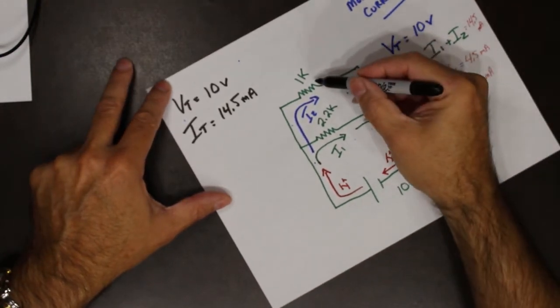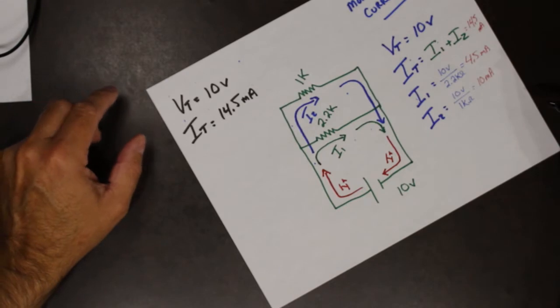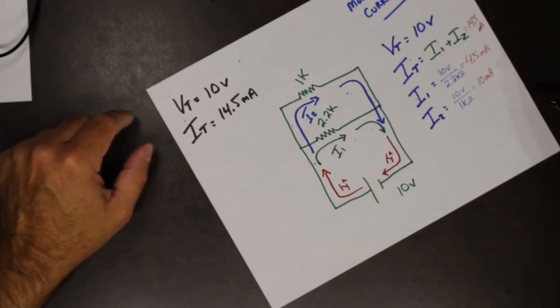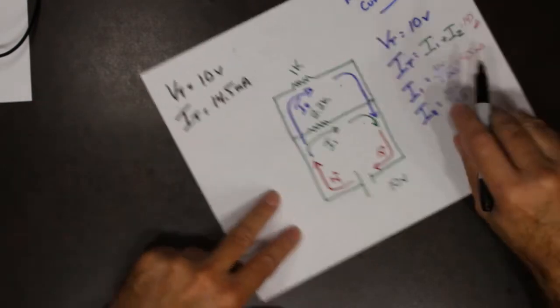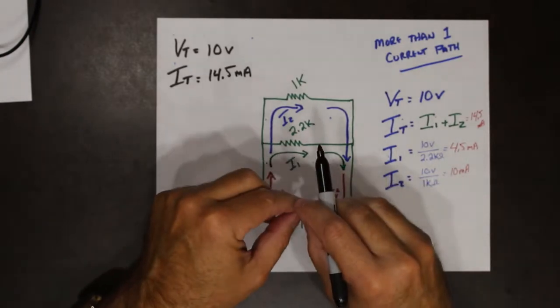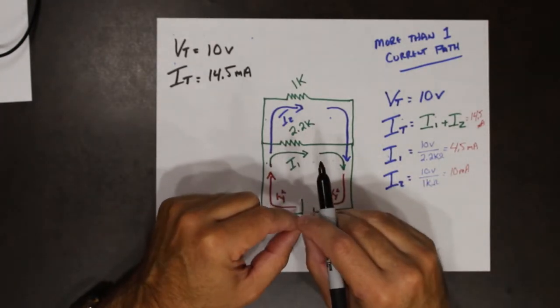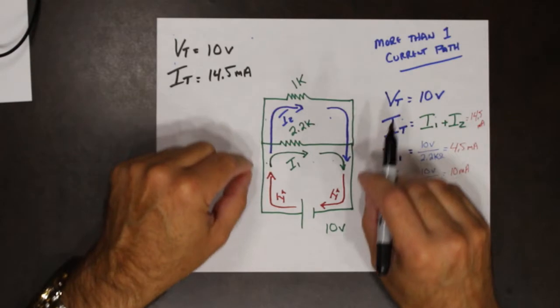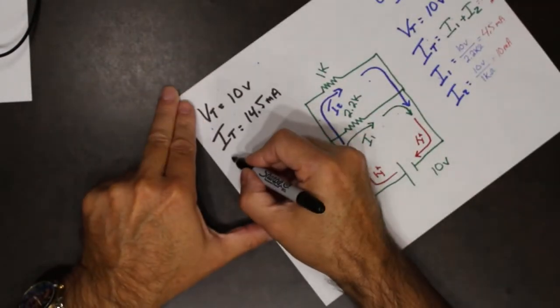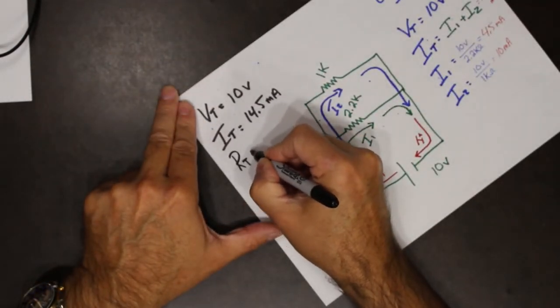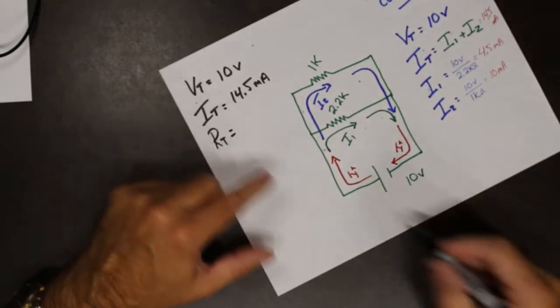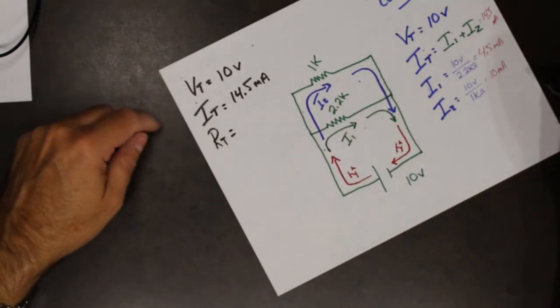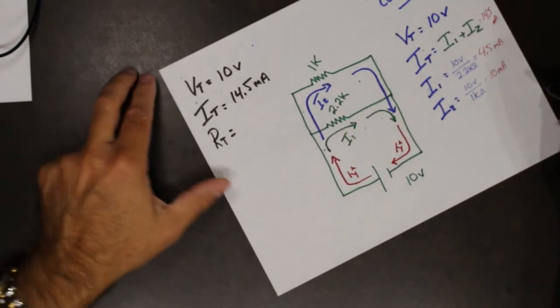We also know our individual values of resistor. But yet, we do not know what the resistance is of the total circuit together. So our total of the full circuit, well, we know what Ohm's law is.